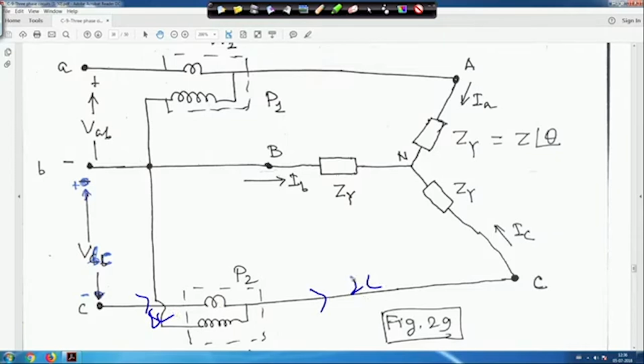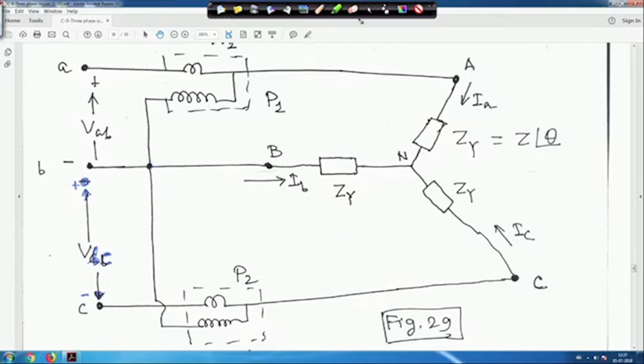So, line current is IC, and the voltage it sees is voltage CB. Although VAB, VBC is given, it will be VCB because this is phase C and this is connected to B. So, voltage should be VCB, not VBC, and the current is IC.